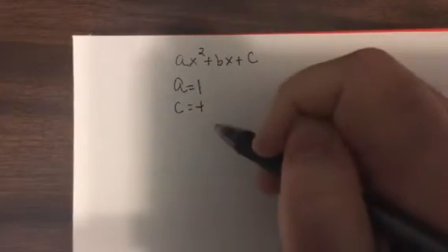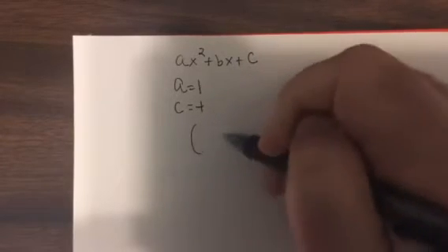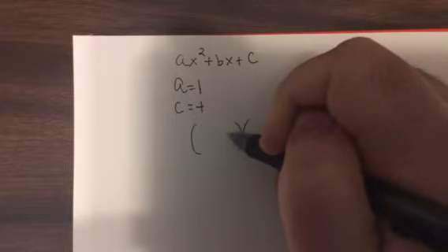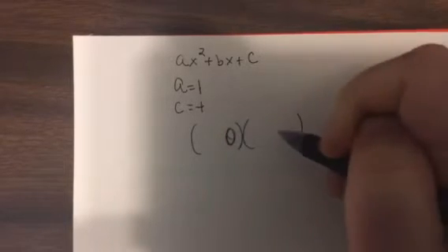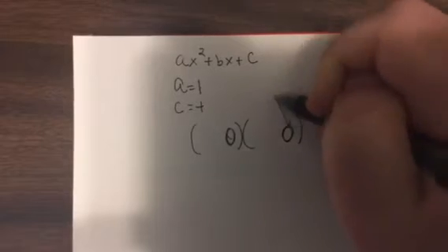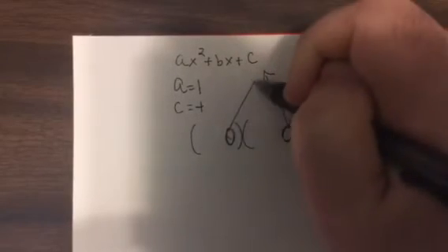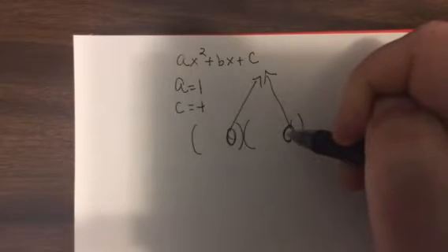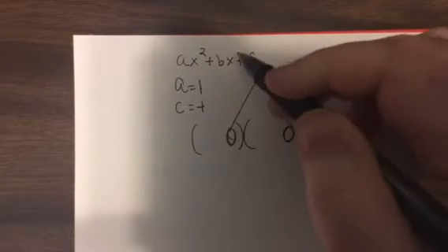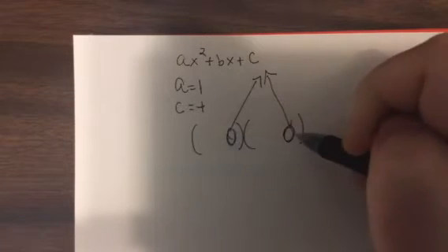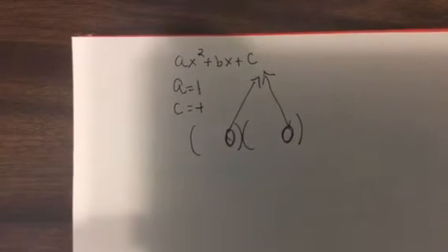So notice when you FOIL, to get C, you go this term times this term. That's how you get C. You multiply the last term of each. Well, what's the only way to multiply two things together to get a positive?